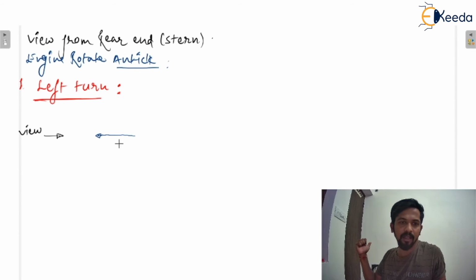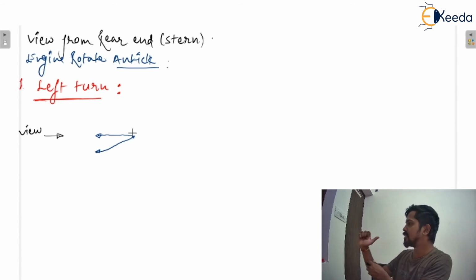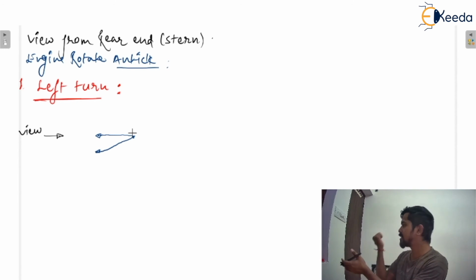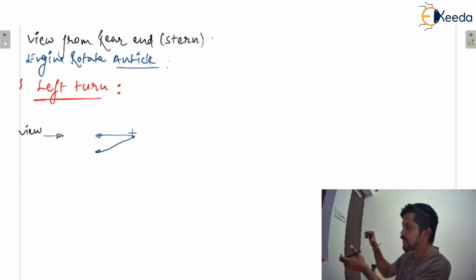This is the initial and this is the final position. So this would be the active gyroscopic couple and this would be the reactive gyroscopic couple, and we know that the effect is decided by the reactive gyroscopic couple.